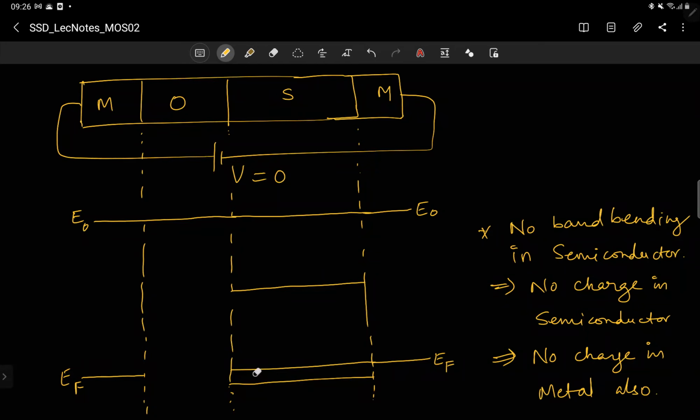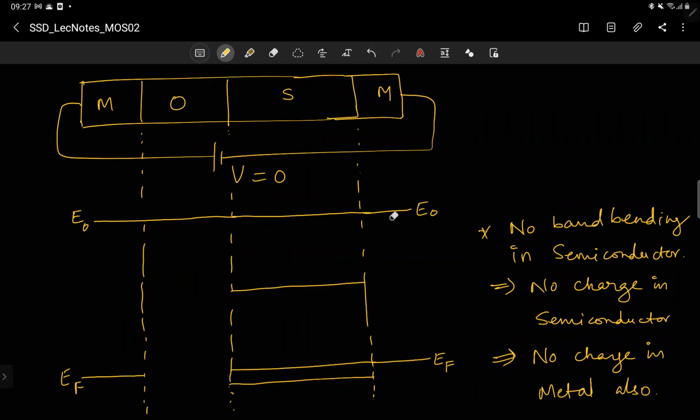That is what I have drawn here. The semiconductor and metal Fermi levels align because phi ms equals 0, and the left and right side metal Fermi levels align not just because it is the same metal, but because V is 0. If you apply some V greater than 0 or less than 0, the EF difference on left and right will be according to the applied voltage.